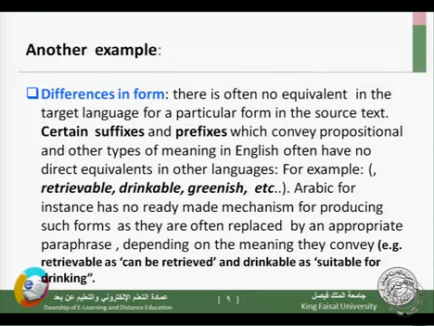If you look at retrievable, drinkable, Greenwich, Arabic has no ready-made mechanism for producing such forms. It means Arabic doesn't have a direct equivalent to such forms. What we do in Arabic, if we want to translate drinkable or retrievable, is paraphrase.